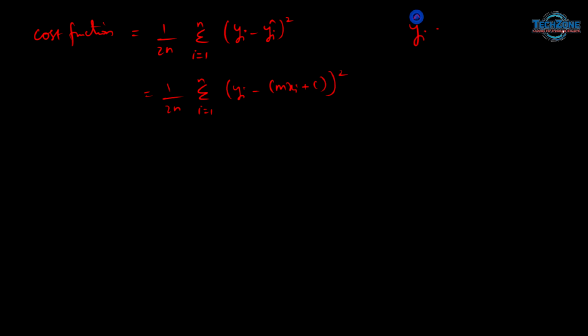Because yi hat value is what? mxi plus c. Where did this come from? From y is equal to mx plus c, right? This is our cost function.